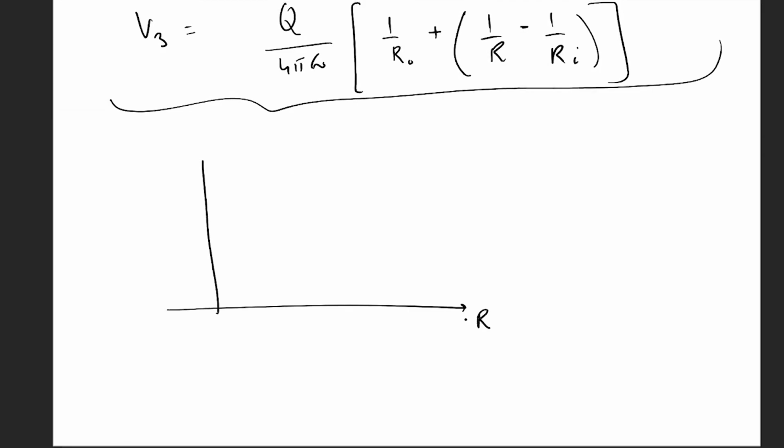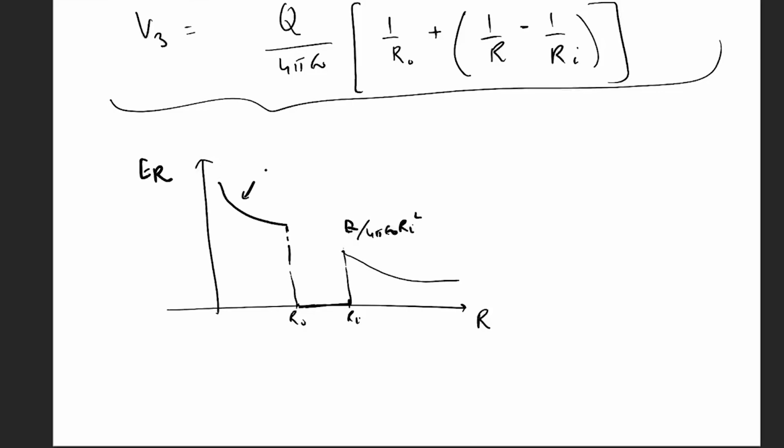This is the radial direction, and let us say this is the magnitude of the field in the radial direction.